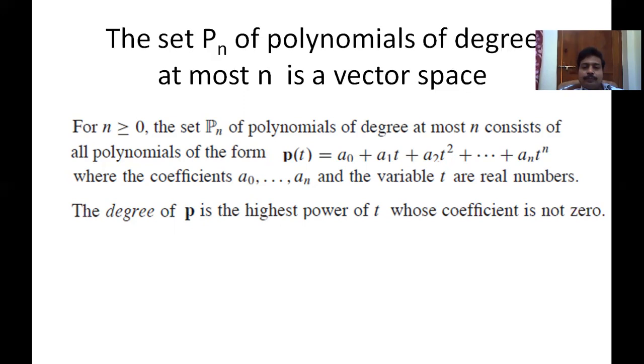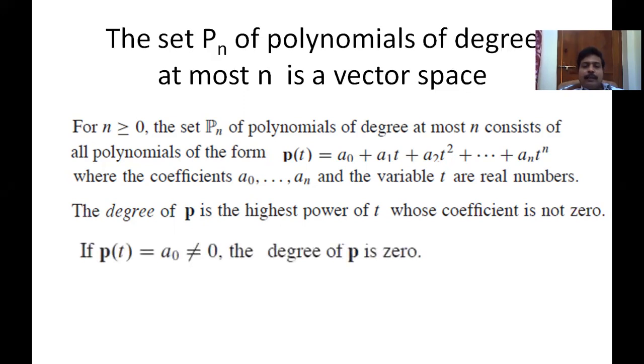And if p(t) = a naught, which is not equal to 0, the degree of p is defined as 0. Suppose all these terms vanish except this one, a naught. A naught is non-zero. Then we can say that the degree of p(t) is 0.